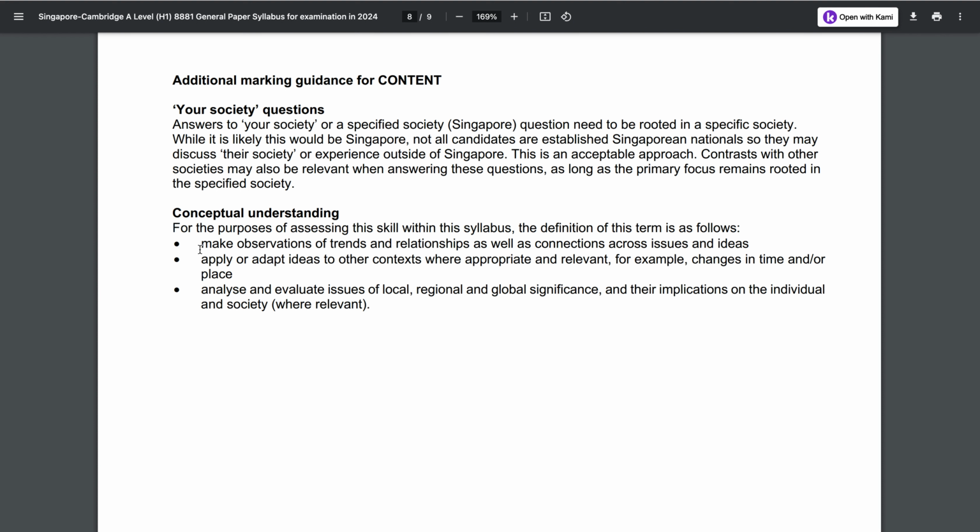Three main things that you need to achieve. First, make observation of trends and relationships as well as connections across issues and ideas, which means that your argument cannot be limited to just the issue itself. What I mean is that you should be drawing on different levels, different depth.